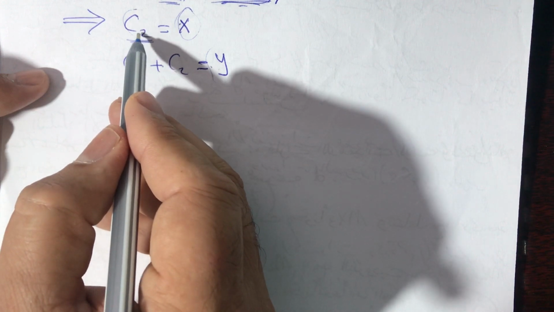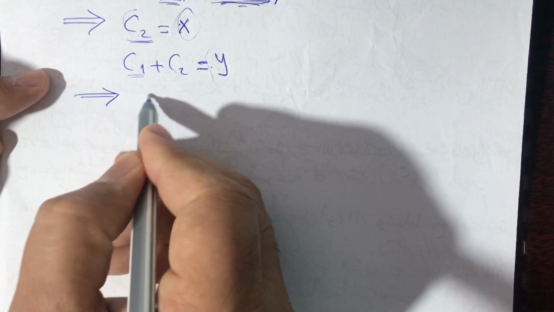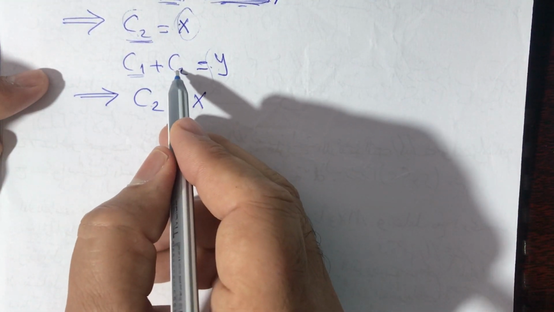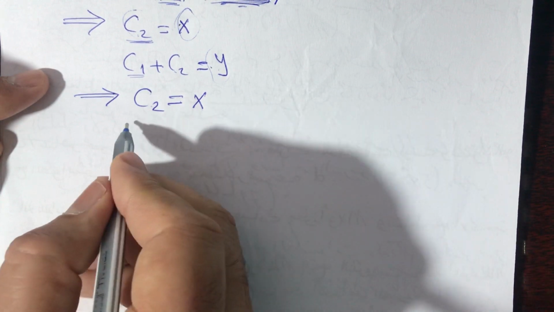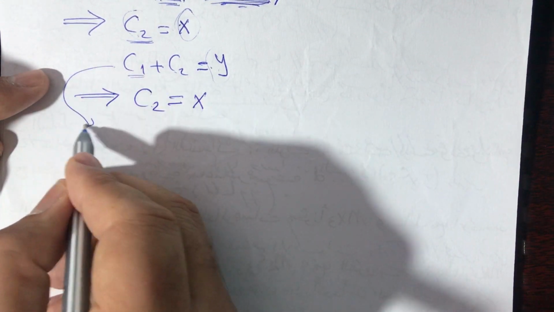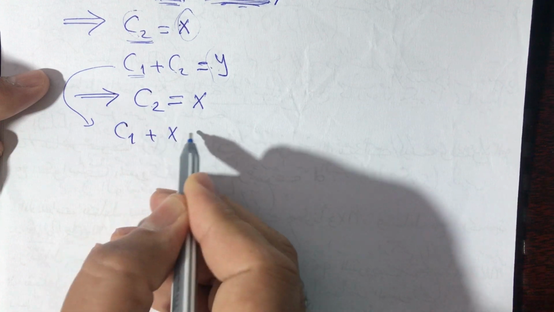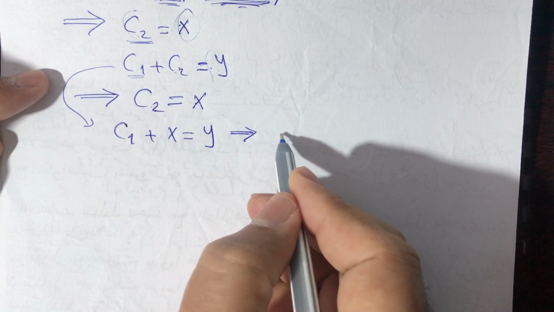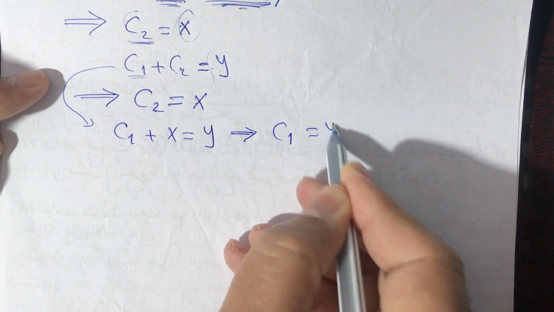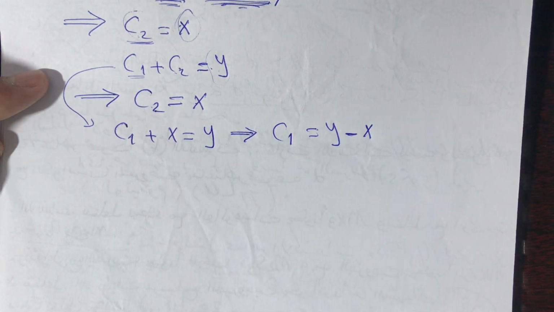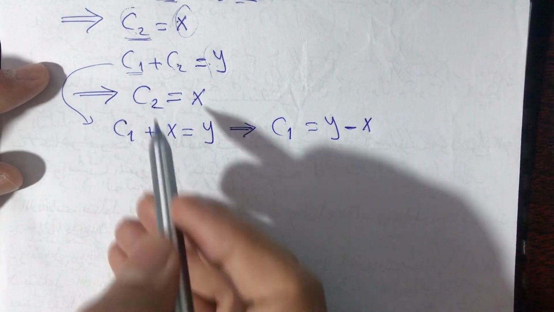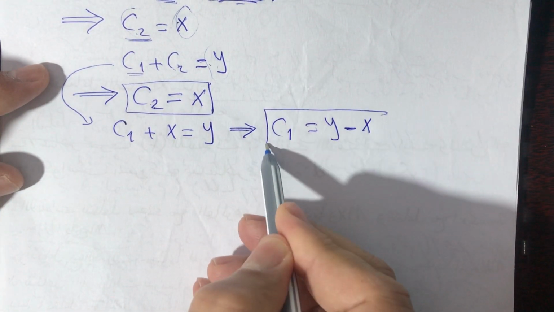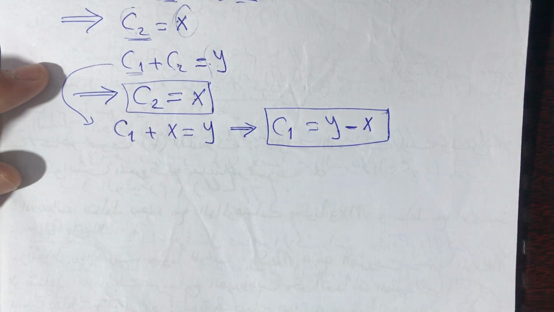From this first equation, I can know that C2 equals x, and from this equation C1 plus x equals y, because C2 equals x, and this implies C1 equals y minus x, right? So now I know the value of C2 equals x and the value of C1 equals y minus x.